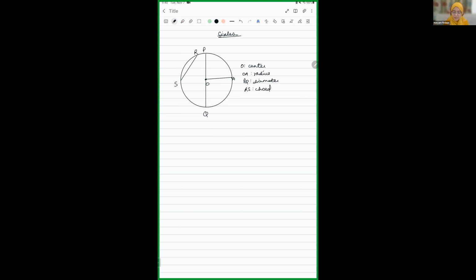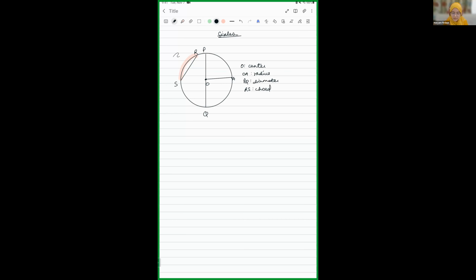And what about this portion? What is this? No, I didn't color the entire part, right? I colored only a portion of the circle. What is that called? Arc. Very good. It is called an arc, right?